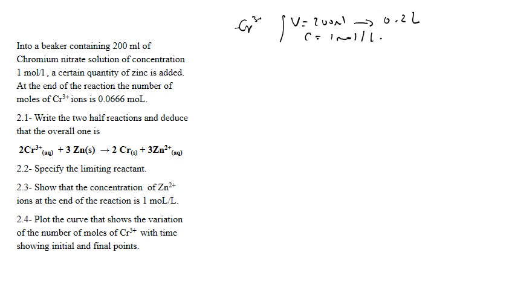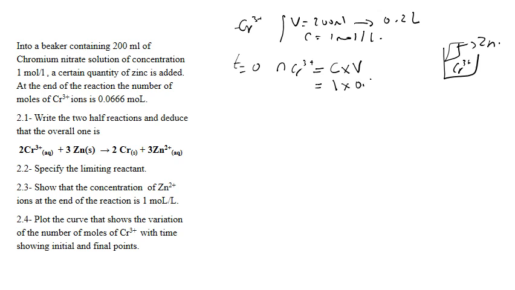We add a certain quantity of zinc. So the solution contains Cr3+, and we add a certain quantity of zinc. At the end of reaction, we noted that the number of mole of Cr3+ is 0.0666 mole. So at time equal 0, the number of mole of Cr3+ can be calculated according to this relation: n equal concentration times volume, where concentration is equal to 1 mole per liter and the volume is 0.2.